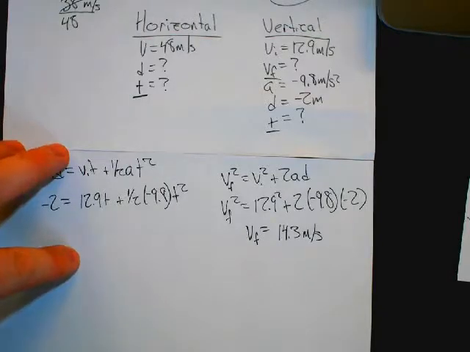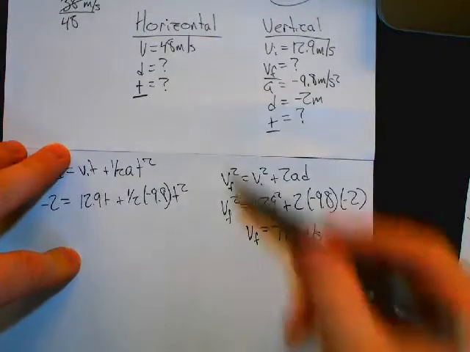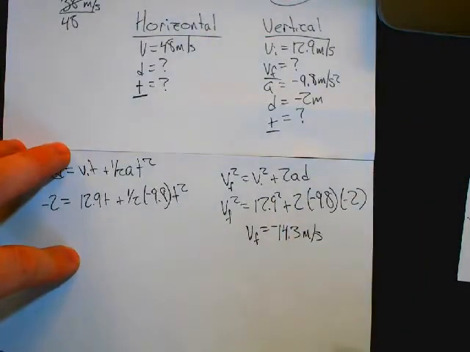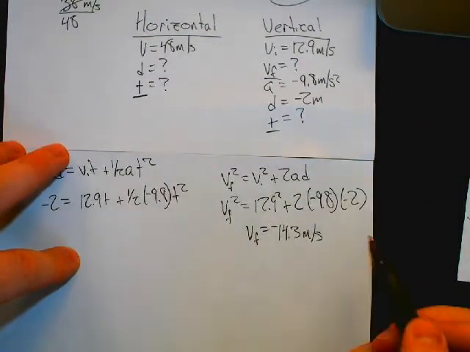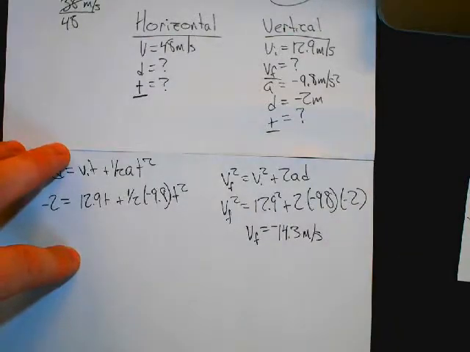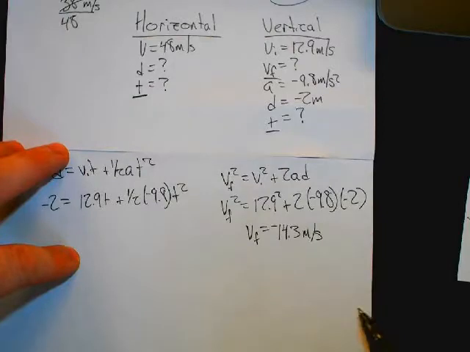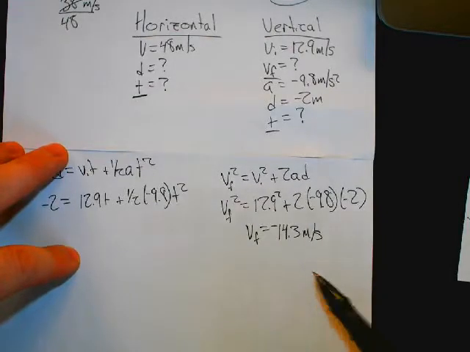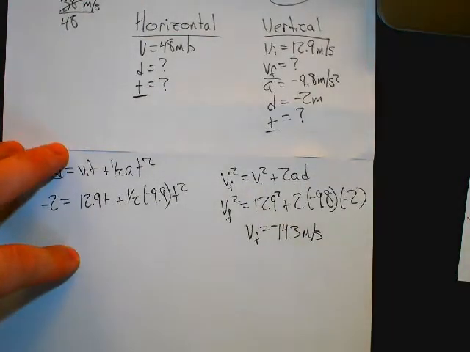What if I told you no? Anybody know why I might tell you no? Say again? Needs to be negative. There we go. Object's moving down at that point, right? So when we take the square root of 200, it's plus or minus 14.3. We know we need to take the negative 14.3 because at that point the ball is moving down.